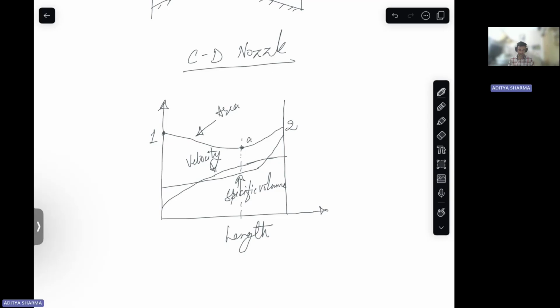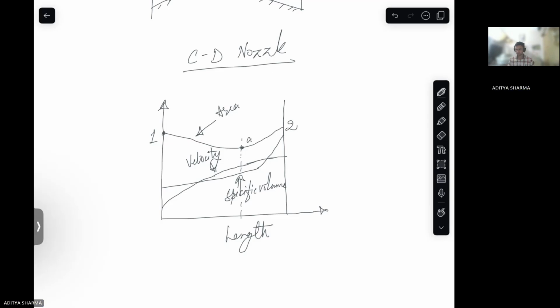But if you see specific volume, initially it won't increase drastically, but when we move across the throat, then we see drastic changes in the specific volume, in case of fluids. Okay, so this is the diagram that has been discussed under nozzle shape.